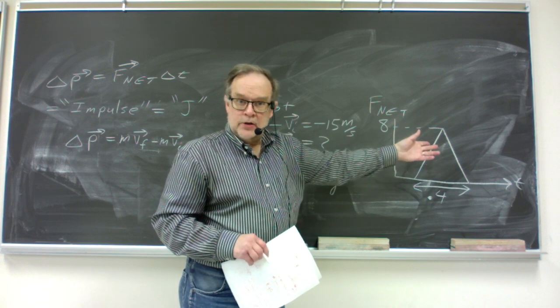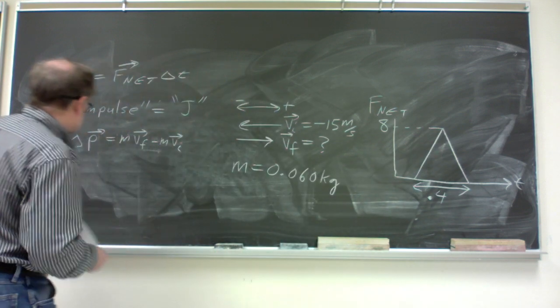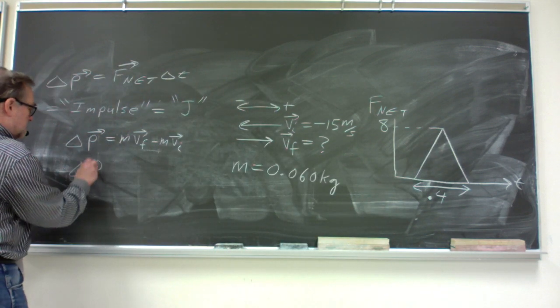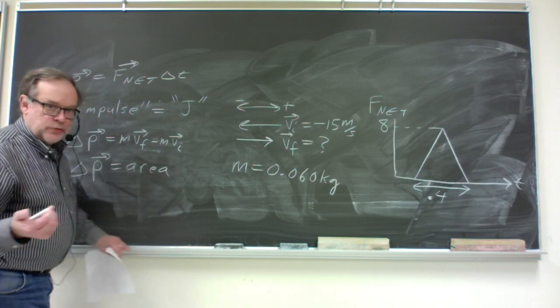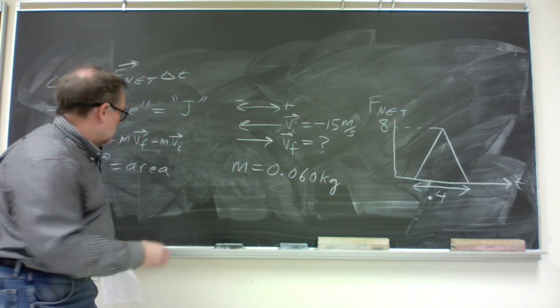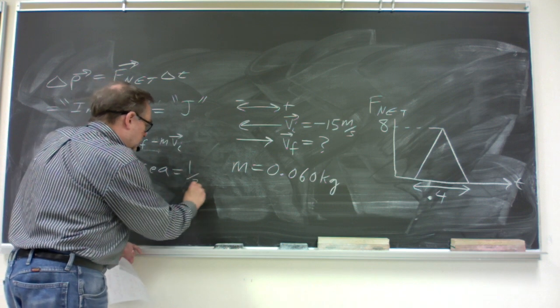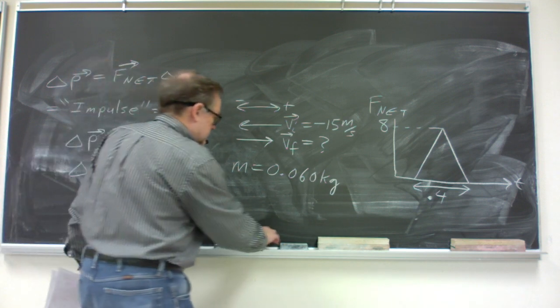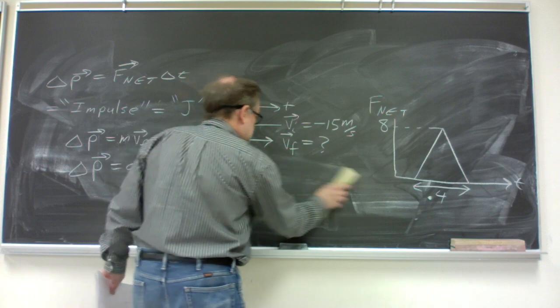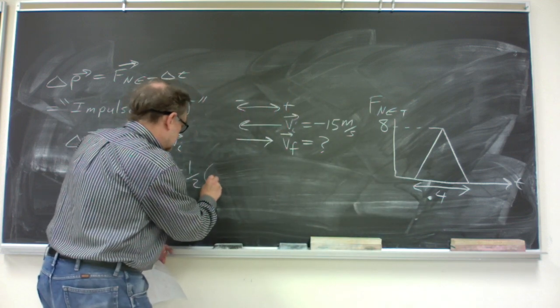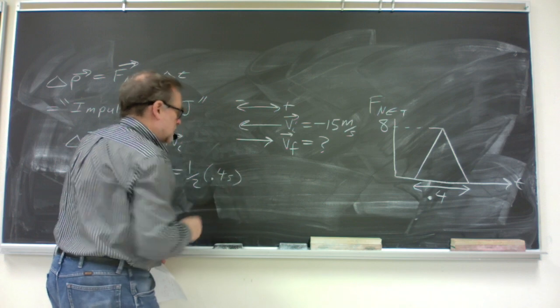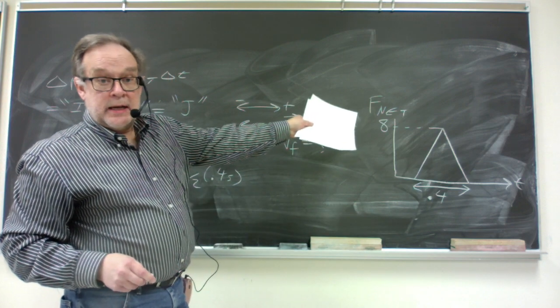and that area is triangular shape. So delta P is just that area, and use the formula for area of a triangle, which is 1/2 times the base, which is 0.4 seconds, times the height, which is 8 newtons.